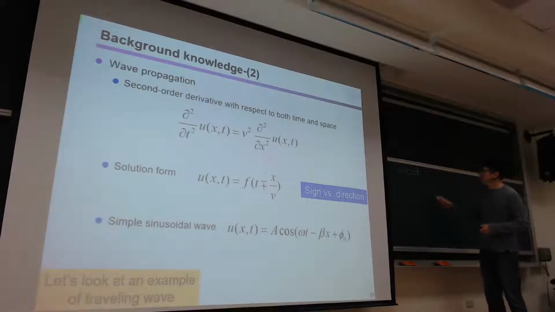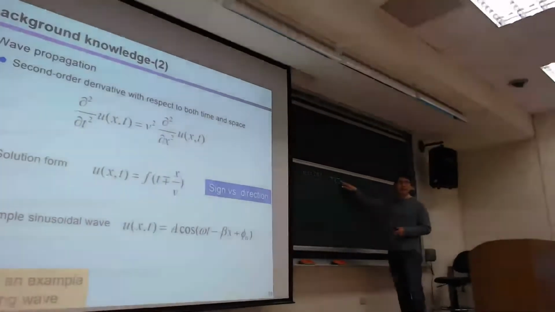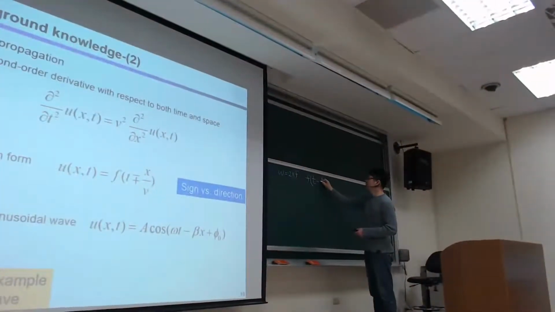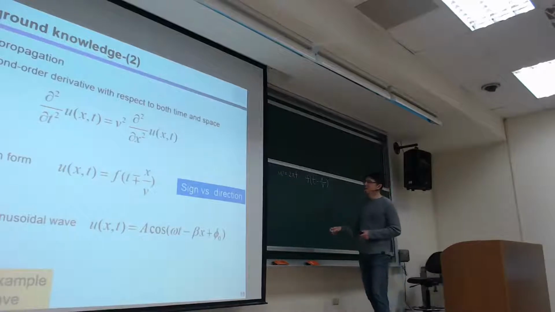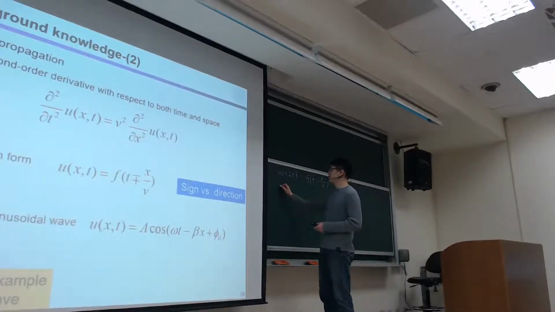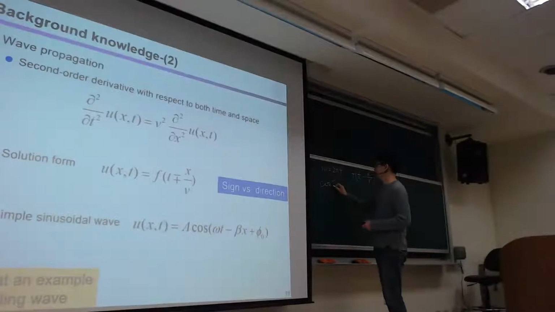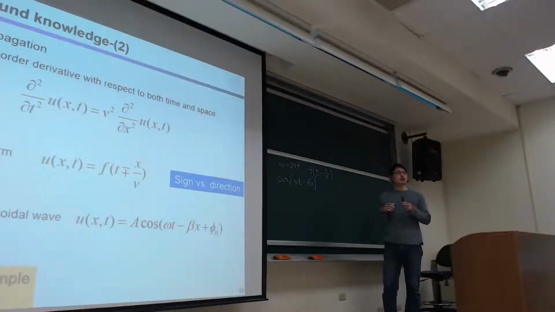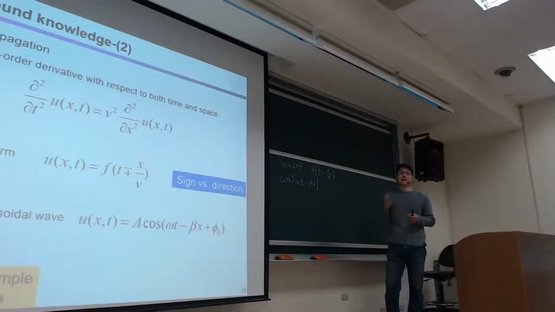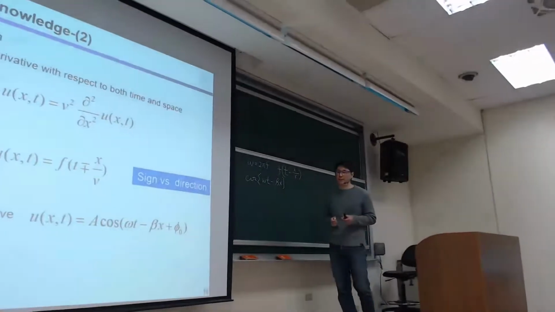Okay? So we know that the solution form will be a function having time dependence and spatial dependence and somehow related through the velocity. So currently we have a solution form of cosine(omega t minus beta x). For simplification, I'm dropping out the phase change, right?